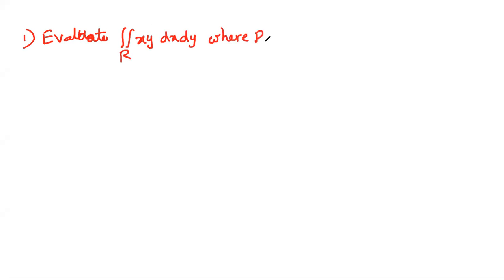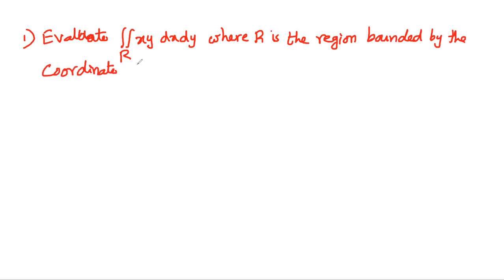The question now: evaluate the double integral over R of xy dx dy, where R is the region bounded by the coordinate axes and the line x plus y is equal to 1.